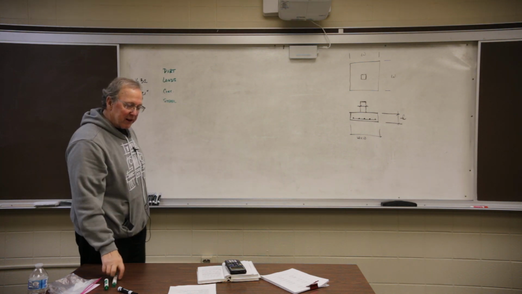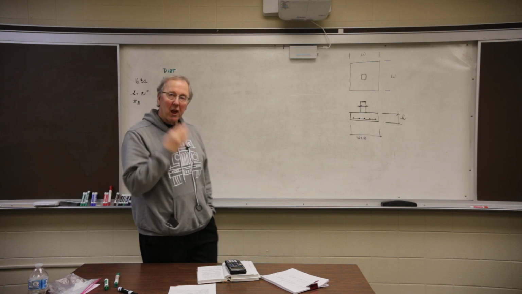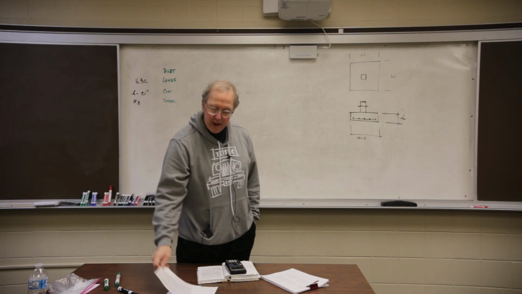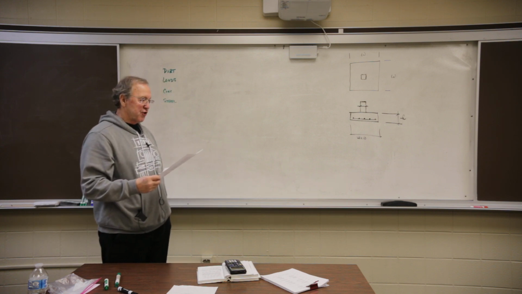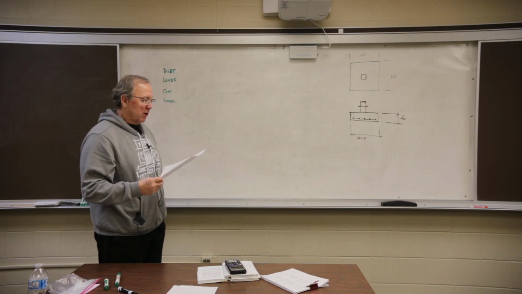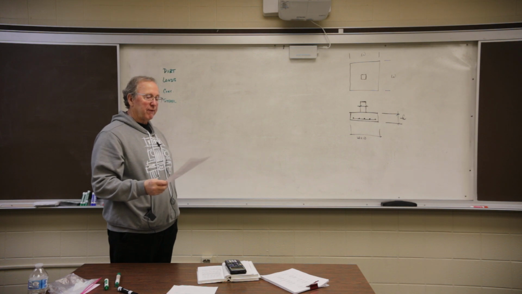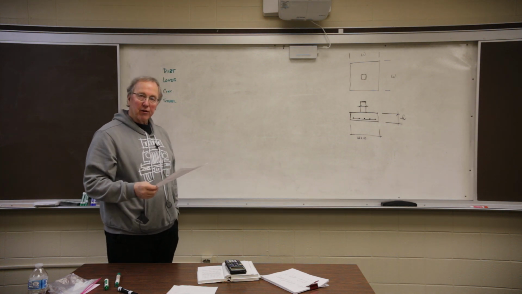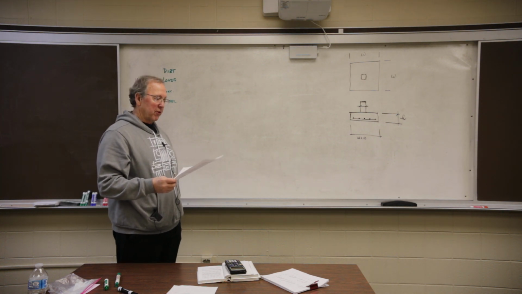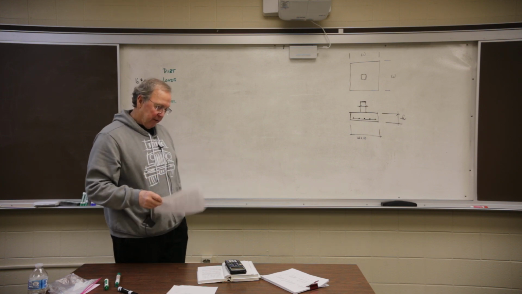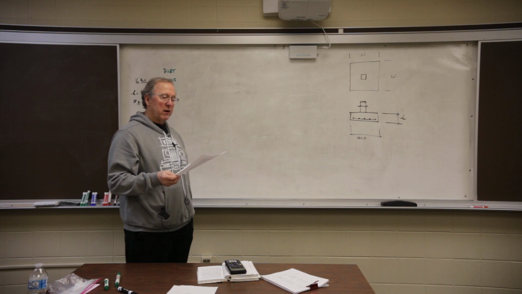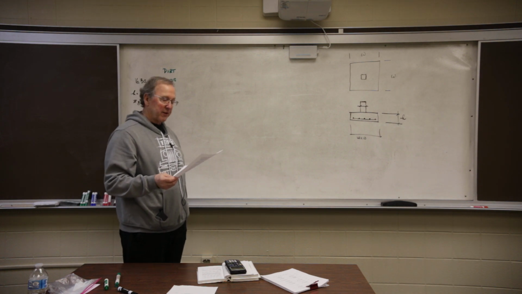I thought I'd explain this by using the handout. You have the handout. It's the same handout as you used before. Go to procedure 2, design procedure for a column footer, same as a pedestal footer, same as a spread footer. Okay? And we're going to go through the steps, and when we get to the end, hopefully the process will make sense.